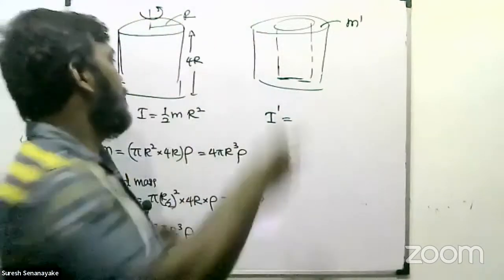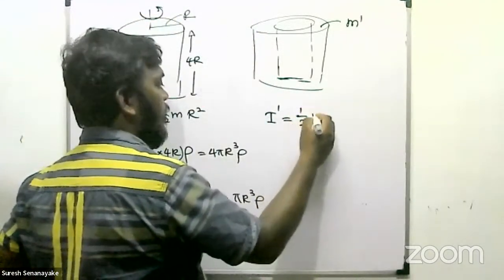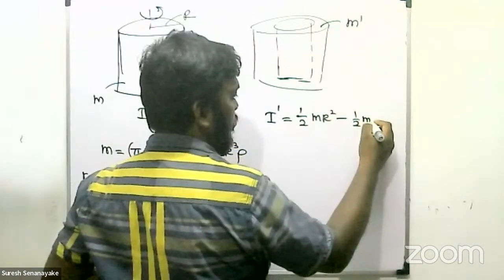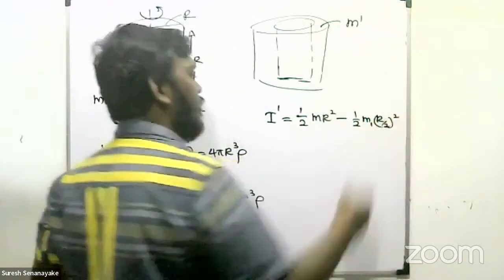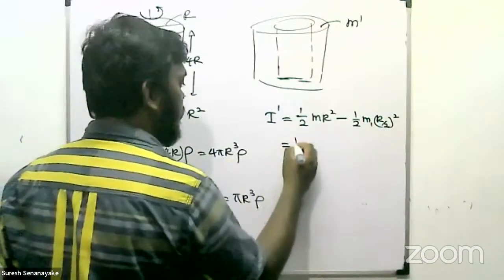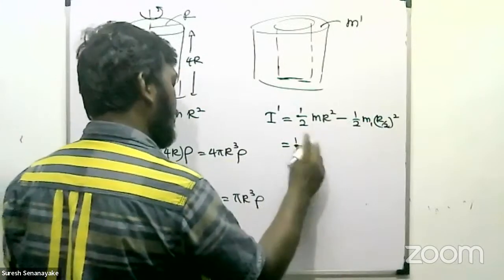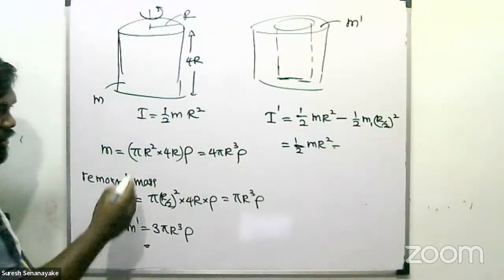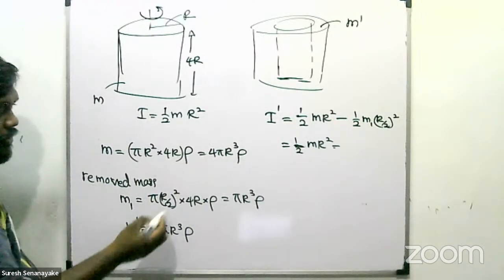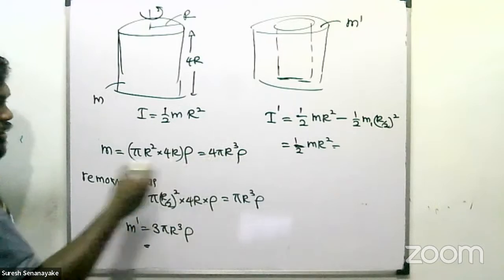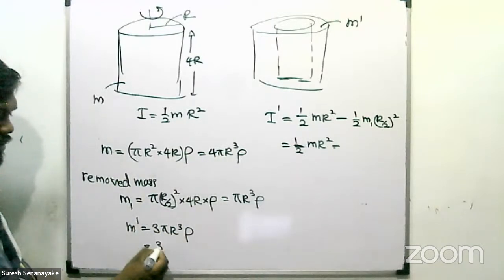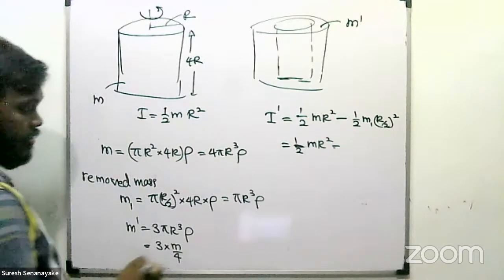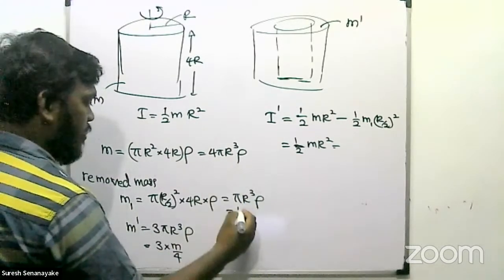From the earlier one, it's half m r square, minus the removed part, half m1 times r over 2 squared. Writing m1 in terms of m, the removed mass is m over 4.